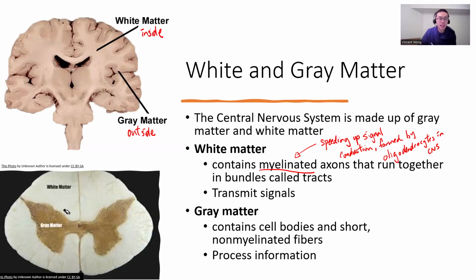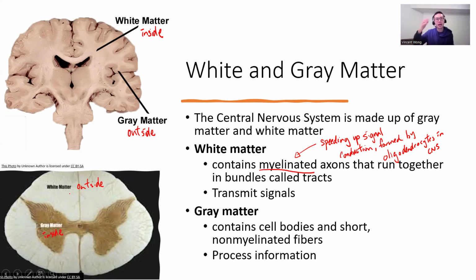For the spinal cord, it is the other way around. You have the white matter on the outside and the gray matter, which forms kind of like a butterfly shape here in the middle for the spinal cord.